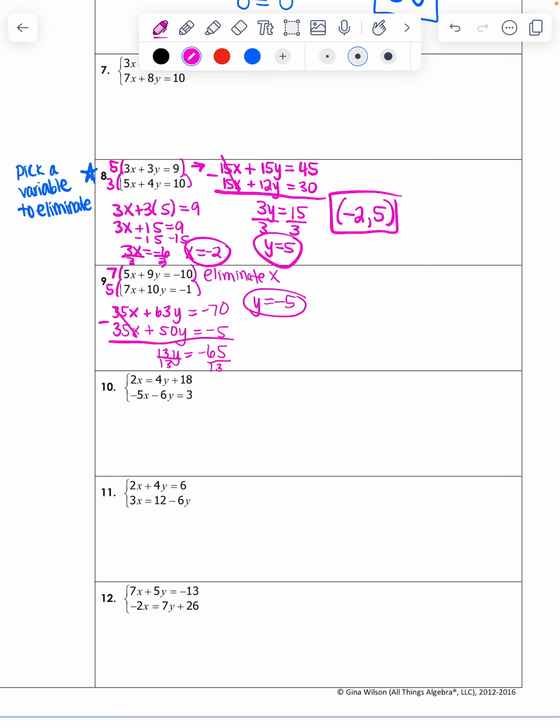Once we get one answer, we can take this number, replace it for the variable, and solve for the other. I'm just going to use the original equations. You could also use one of the two that you made a little bit bigger, but I usually go back to the originals. 5x plus 9y equals negative 10 is fine, so I'm going to use that one.